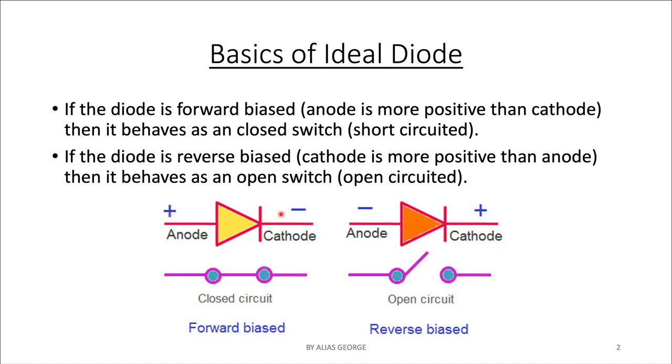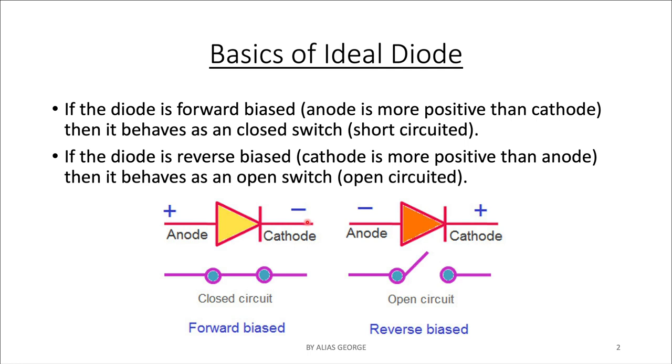If the anode is more positive than the cathode, it is a closed switch. If it is in the reverse direction, the anode is less positive than the cathode, or the cathode is more positive than the anode, it is just an open circuit. This is all about the diode, the very basics of the diode. Next, the component used in the clamping circuit is the capacitor.